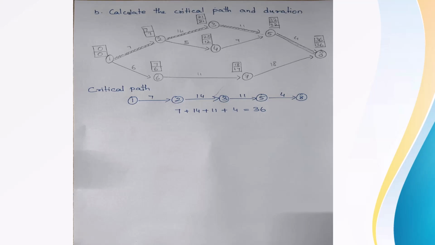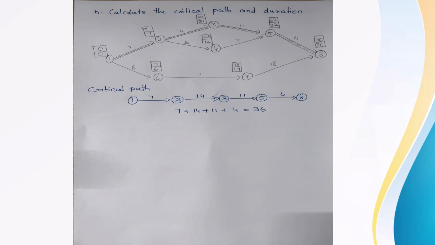Here we have to go from activity 8 to 5. The LFT is 36, so 36 minus 4 gives the LFT of activity 5 as 32. Whereas for activity 8 to 7, the LFT of activity 8 is 36 and the duration is 18, so 36 minus 18 is 18. So the LFT of activity 7 is 18.